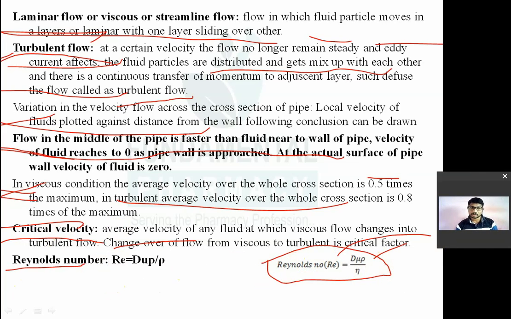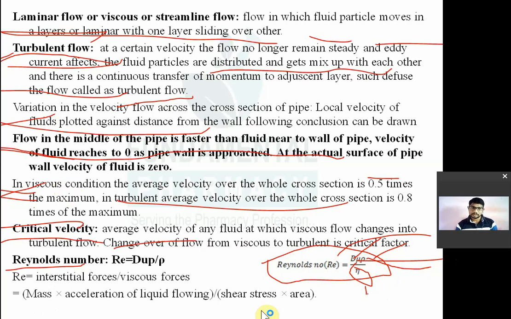This v is nothing but the velocity, and this rho is nothing but the density of liquid. Okay, this v is the velocity of liquid, then this is the density of liquid divided by this viscosity of liquid, that is the Reynolds number.